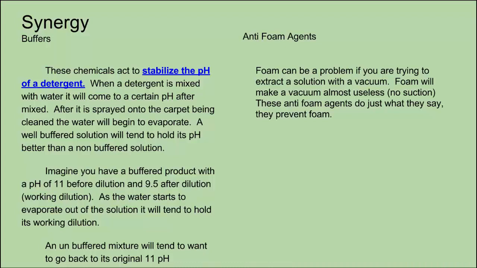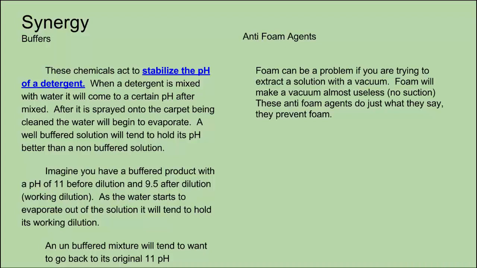Now, as the water starts to evaporate, the solution wants to go back to an 11. A buffer is going to try to hold that pH at a 9.5. It may increase some, it may go a little bit higher, up to 9.8 or even closer to a 10, but it's going to resist going all the way back up to the 11. Now, an unbuffered mixture is going to want to go back to its original 11.